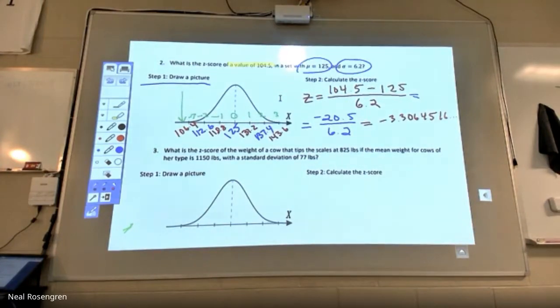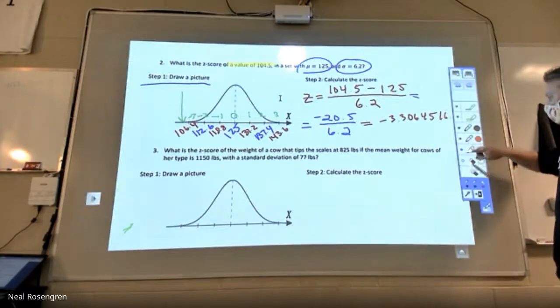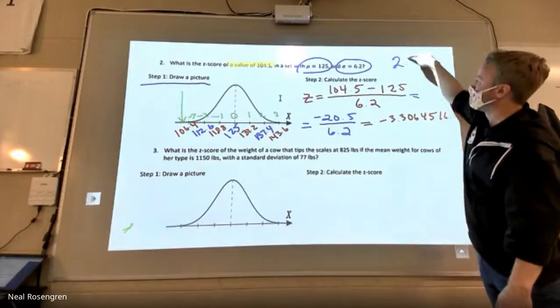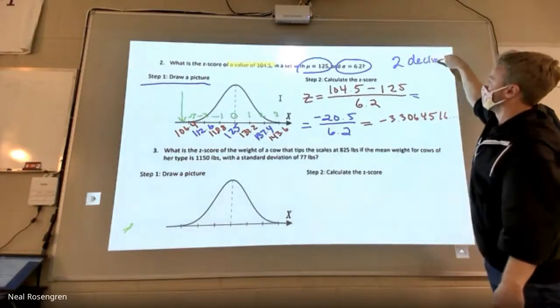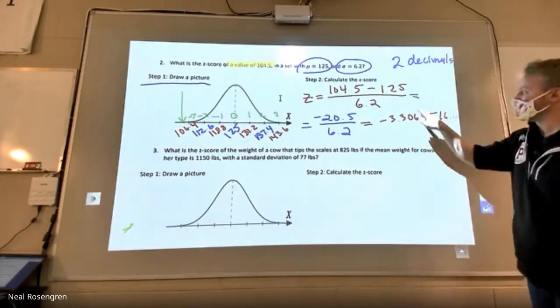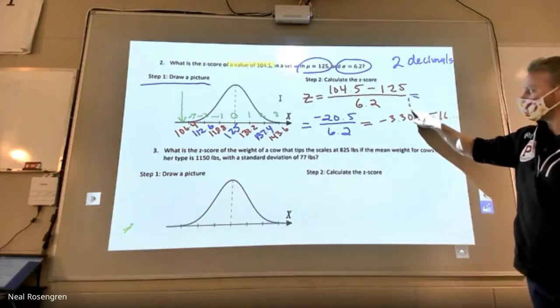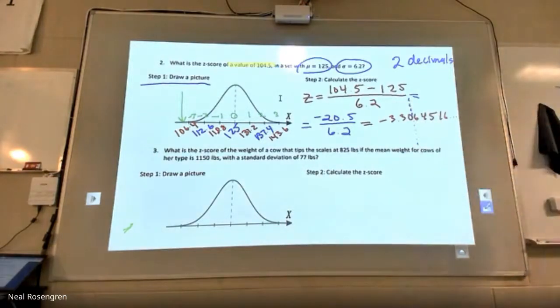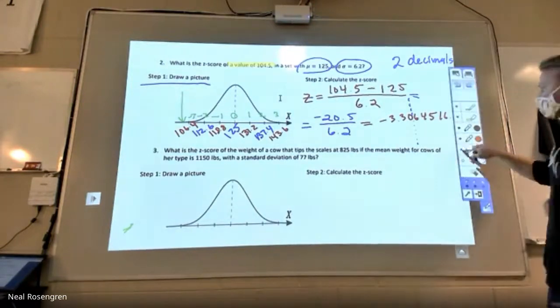That's pretty close. Now, what we need to do, always, always, always, if we have to round, is 2 decimals. That's plenty. In my mind, I'm putting a brick wall right there and deciding the best way to round.